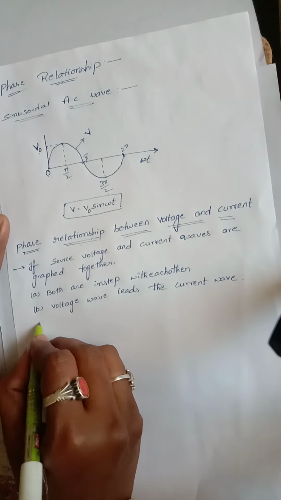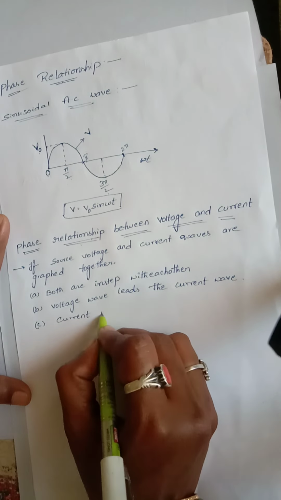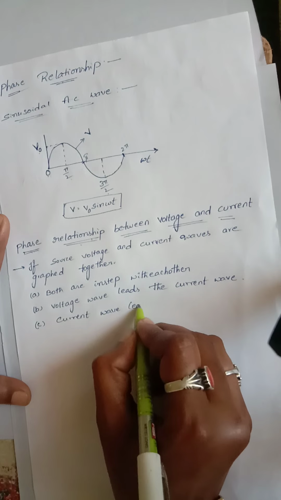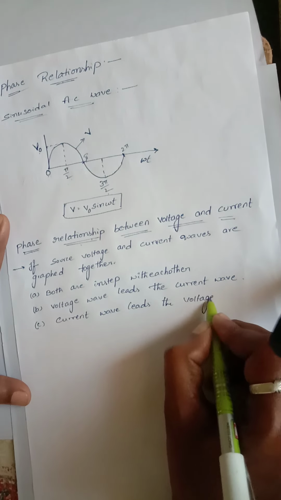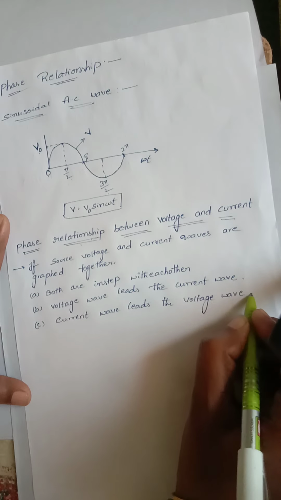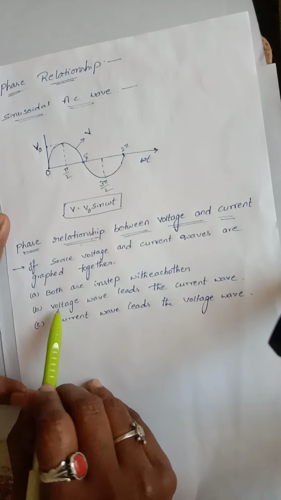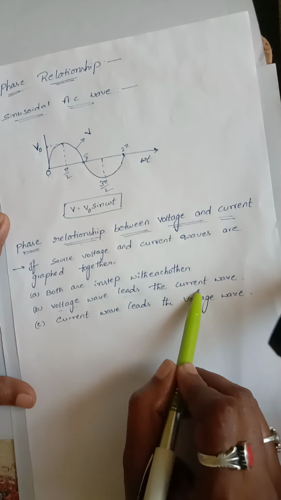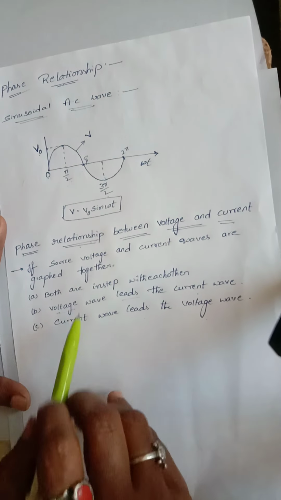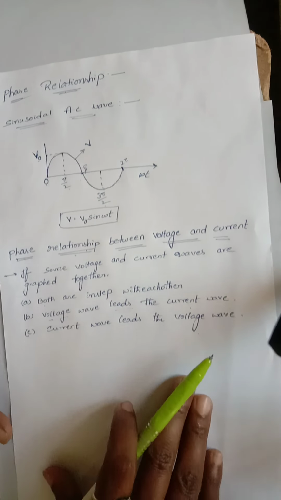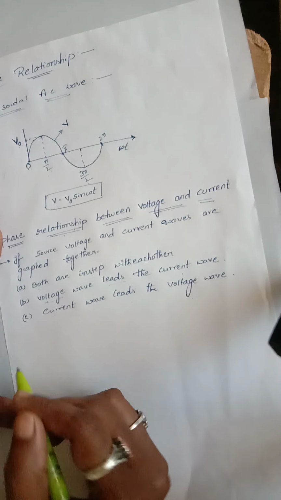Third, the current wave leads the voltage wave. These are the three different types of phase relations we observe between voltage and current.